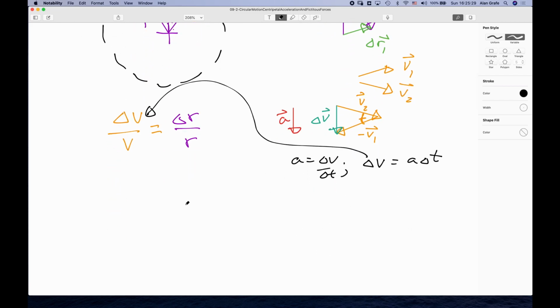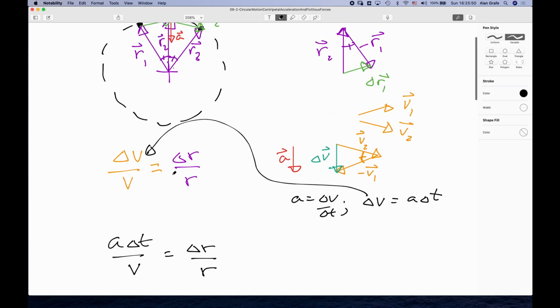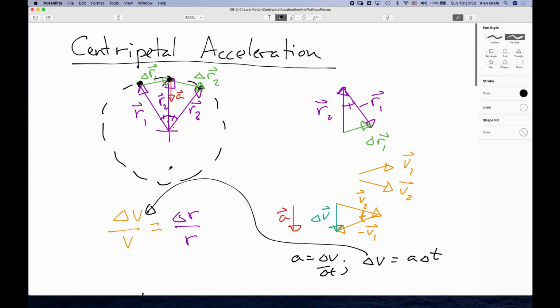So this is going to give me A delta T over V equals delta R over R.